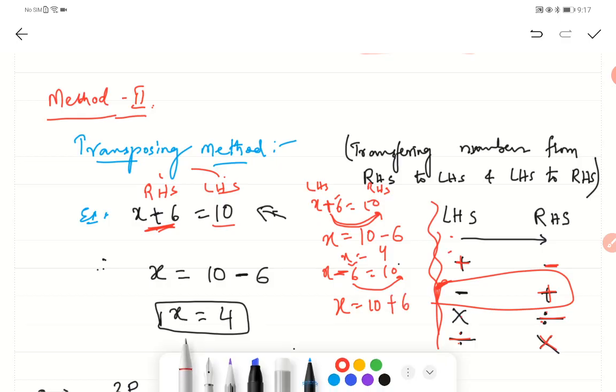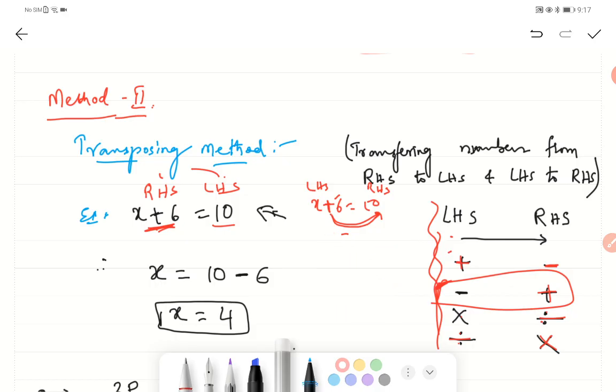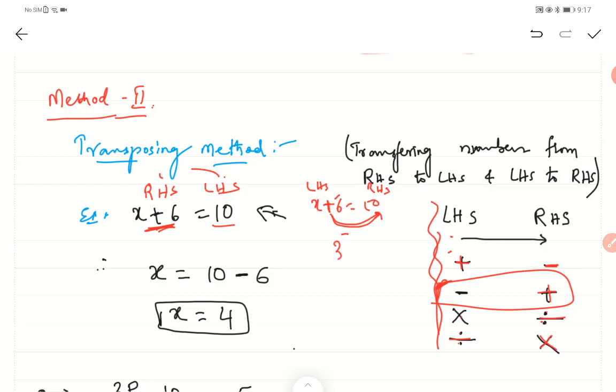Now let's see for multiplication what you are doing. You have 3x equal to 9, something like this. Now I want only x on the LHS, so I am transferring this 3 to this side.